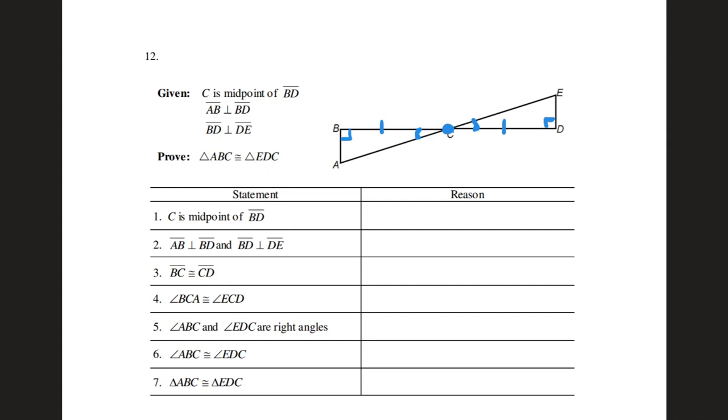So C is the midpoint of segment BD, that was given. Segment AB is perpendicular to segment BD, and segment BD is perpendicular to segment DE. That's given. BC is congruent to segment CD. That's the definition of midpoint.